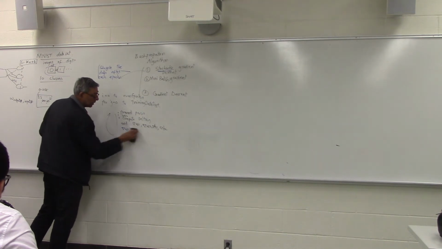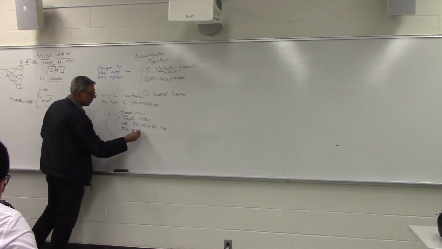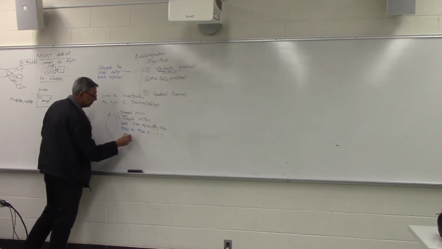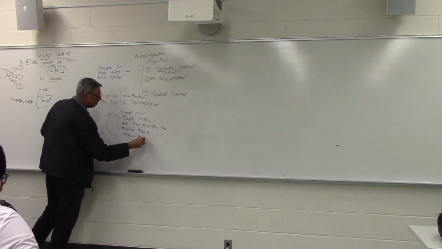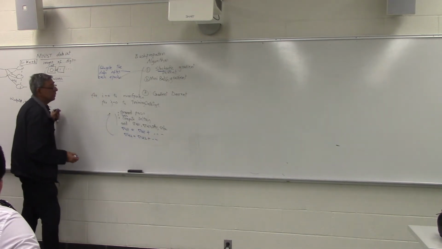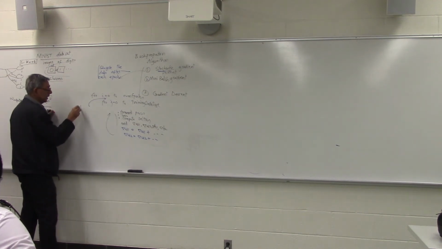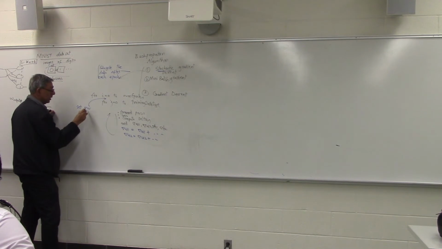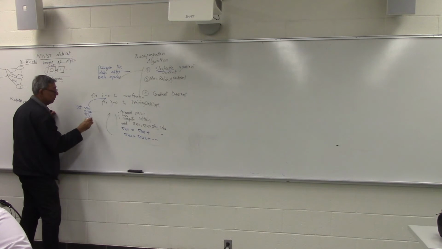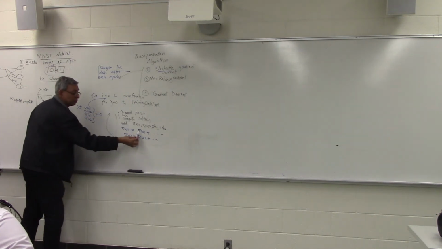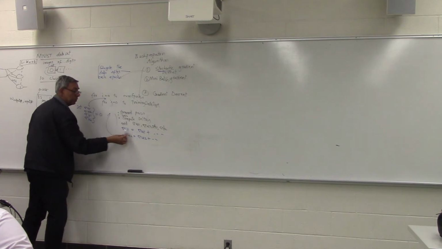Because these are matrix operations, delta W1 equals delta W1 plus, and delta W2 equals delta W2 plus. So what does that mean? Before we start over here, set delta W1, delta W2, delta B1, delta B2 all to zeros, because whatever the old value is, we are accumulating it.